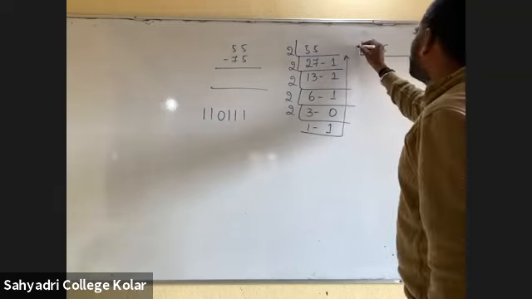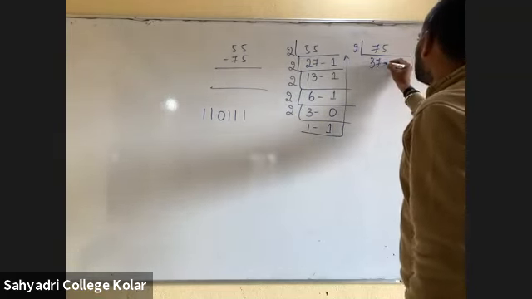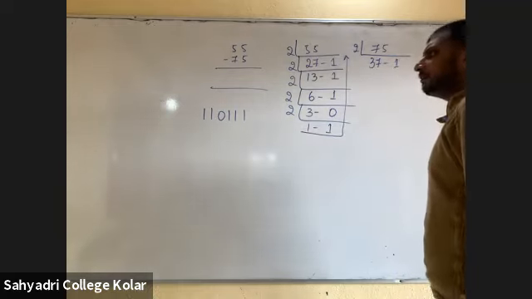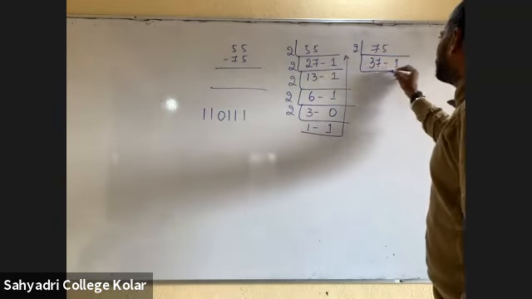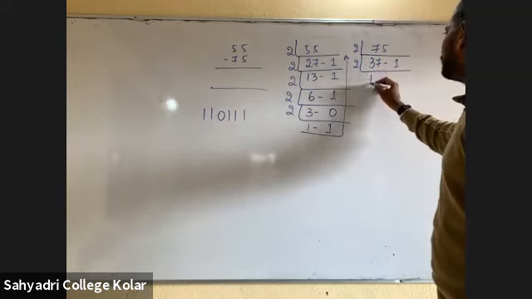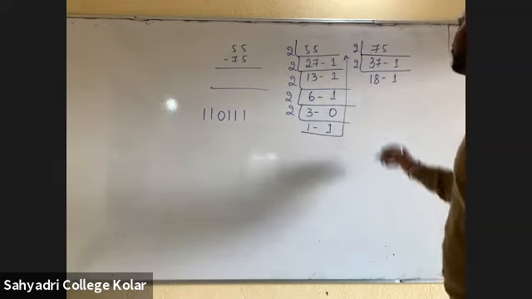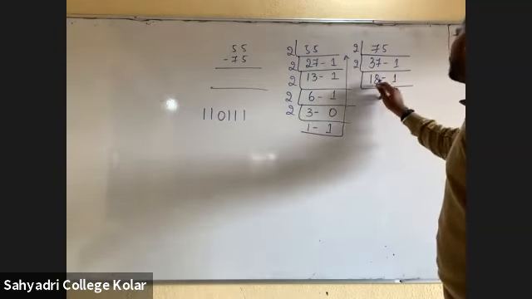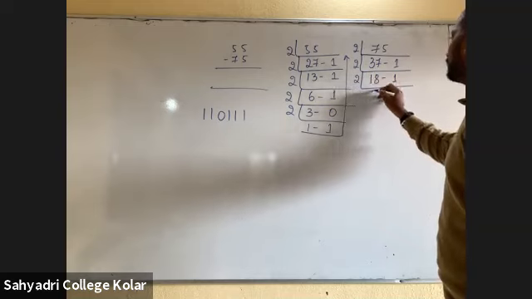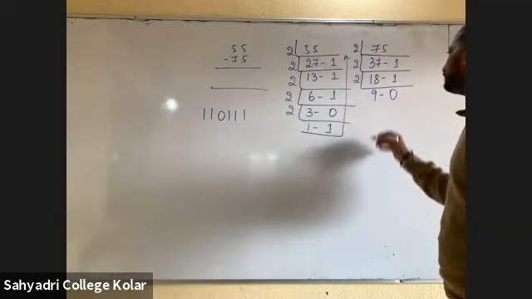So 75, if I divide it by 2, I will get 37 as quotient and 1 will be the remainder. Again, I will divide 37 by 2, I will get 18 as quotient and 1 will be the remainder. Again, I will divide 18 by 2, 9 will be the quotient and 0 will be the remainder.